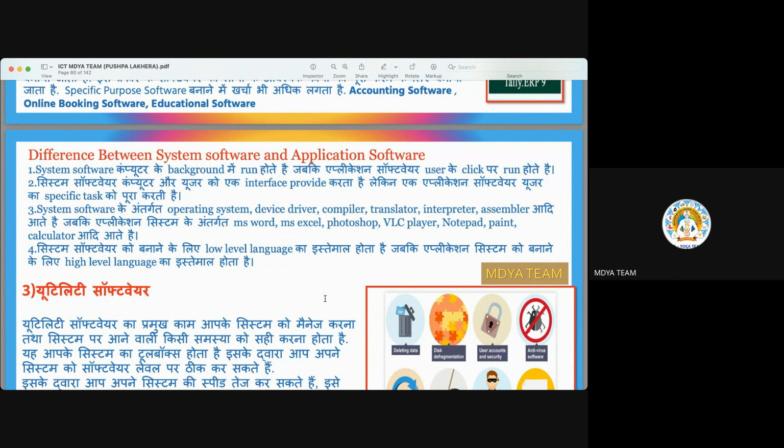This system software actually provides an interface to the user to apply some application software to complete some specific task.